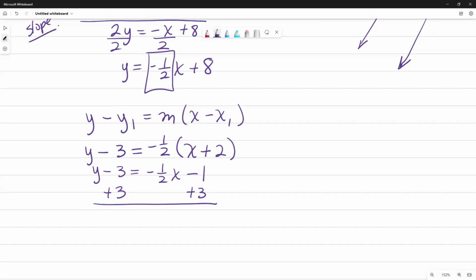Oh, they did get rid of their fraction. So y plus 1/2 x, I'm going to move that 1/2 x as well. Do it either way. And then equals 2. Yeah, that's the same thing. x plus 2y equals 4 is the same as 1/2 x plus y equals 2. I'm just keeping my fraction.